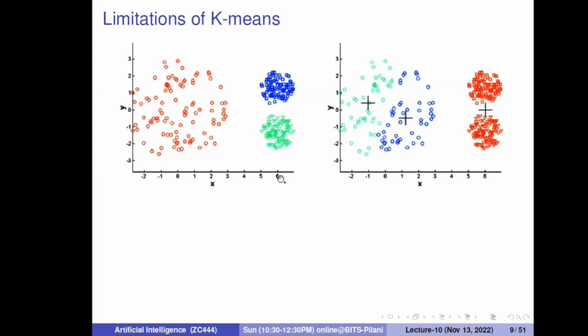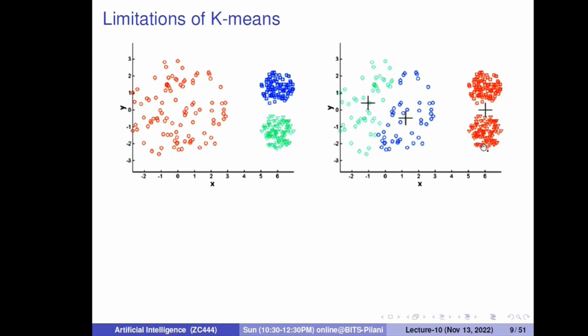However, there could be some limitations of k-means. So I am going to show you a carefully selected example where let's assume these are the data points, and these are the three classes. But if I carefully initialize the cluster centers so that the first I put here, and the second and third I put here, then these items are assigned over here, and with two cluster centers over here, half and half they are going to divide.